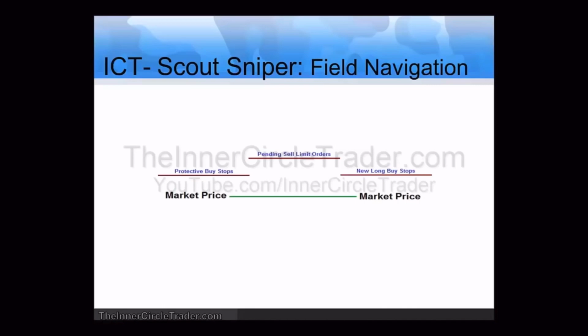And then obviously folks that expect it to go up only if it proves a little bit more that it's going to move upwards will have a new long buy stop. So in other words, we have three types of orders that generally exist above current market price: pending sell limit orders for those that are net long, protective buy stops on those that are net short, and new potential buy stops for those that want to enter on buying strength.